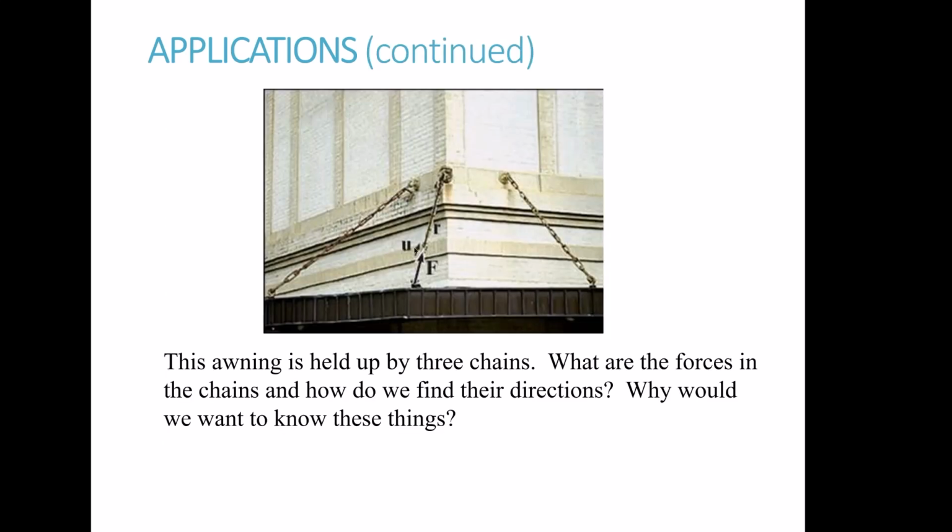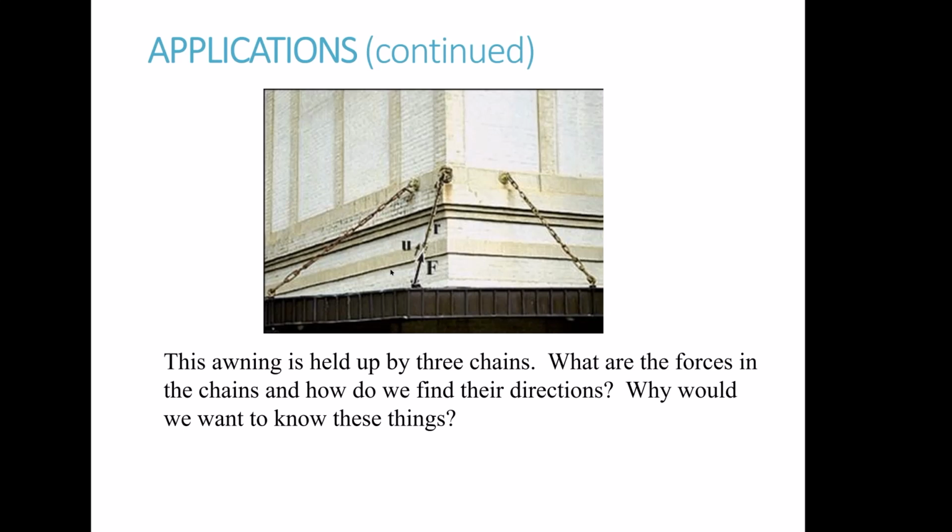Okay. Here's another one, a three-dimensional case. So you have some cables holding up an awning, and it's the same idea, right? You can use that. We could come up with maybe a virtual connection point where all these cables meet, and we can use that to solve this problem, right?